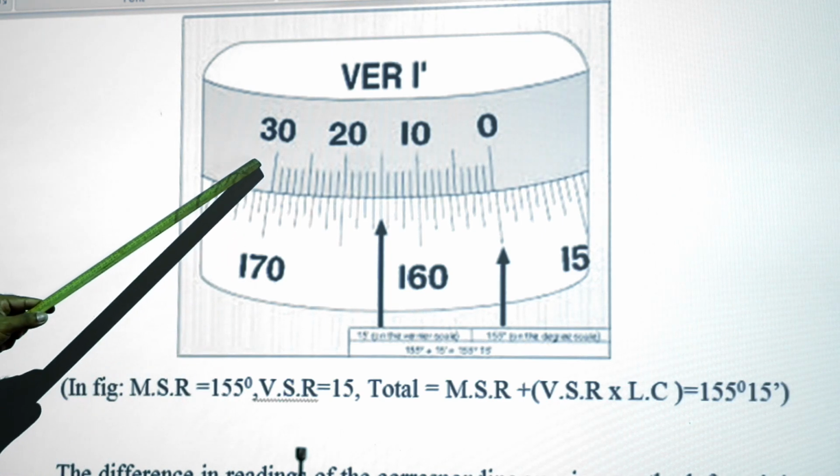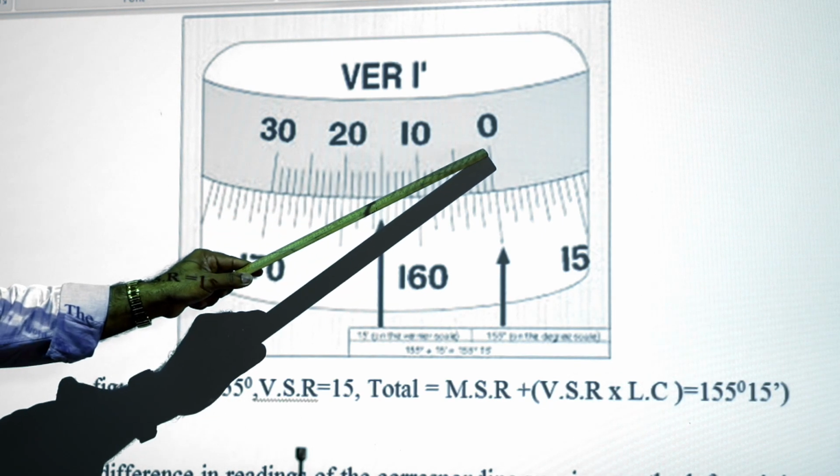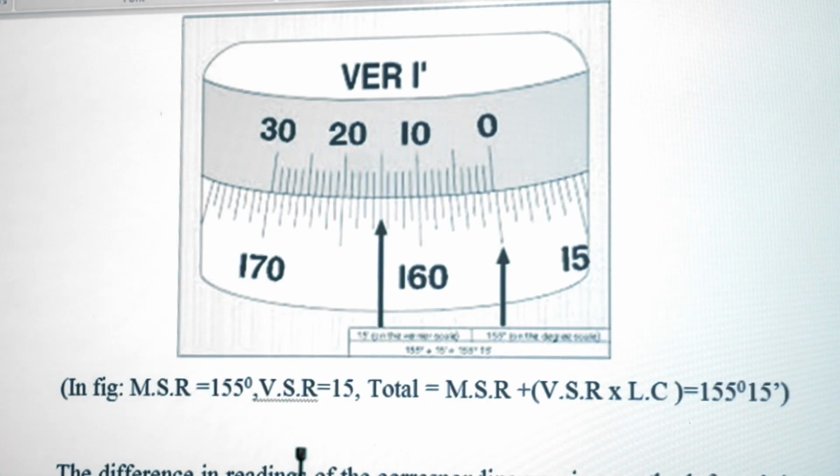Now we can see the vernier. The vernier has 30 divisions: 0, 10, 20, 30. Then we will see how we take a vernier reading. When taking the vernier reading, first we have to find the main scale reading. The main scale reading is the reading completed perfectly by the 0 of the vernier.